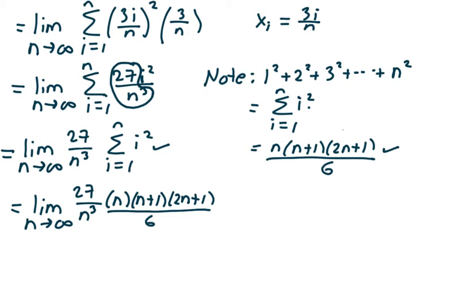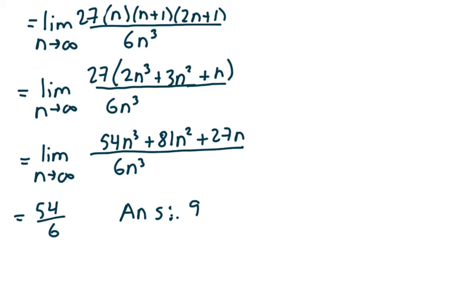All right? And so I'm going to replace this sum with this. And so I get the limit as n goes to infinity of 27 over n cubed times n times (n plus 1) times (2n plus 1) over 6. And so I rewrote it up here.